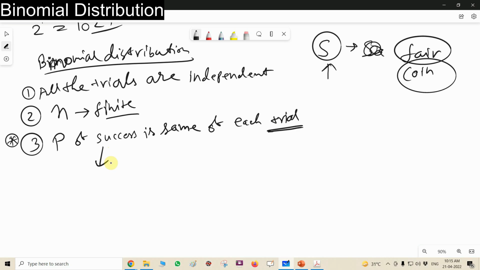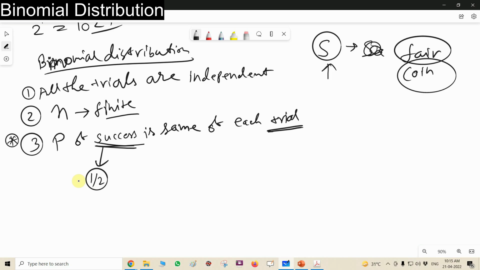Success means what? The chance of one thing coming. This is the total events, so how much is the chance of this one. Okay, that chance is called success here. That's the statistical term you can say. And the probability of success is the same for each trial. So if I talk about this fair coin for example, what is the probability of having head, if you are tossing a coin one time, let's say? 1/2.